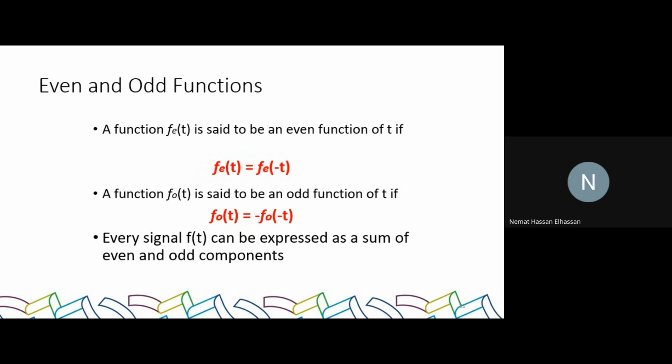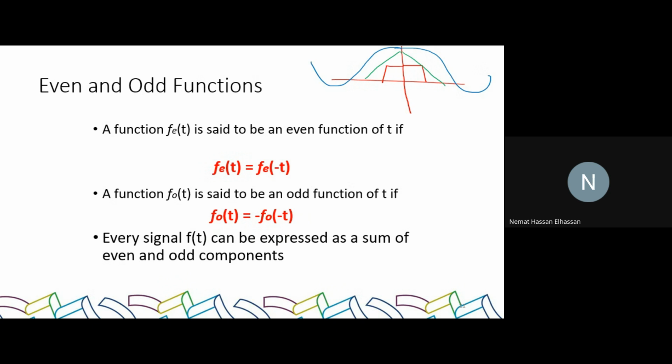An even signal is a signal that is mirrored across the y-axis, meaning if you put the y-axis as a mirror, whatever is happening in the right side is reflected on the left side. Whether it's a square signal, this is even, or a triangular signal, it's even, or a cosine signal, it is even.